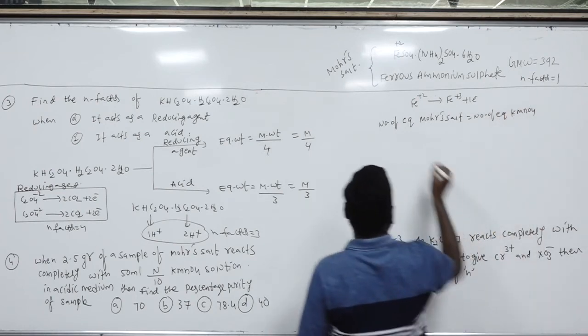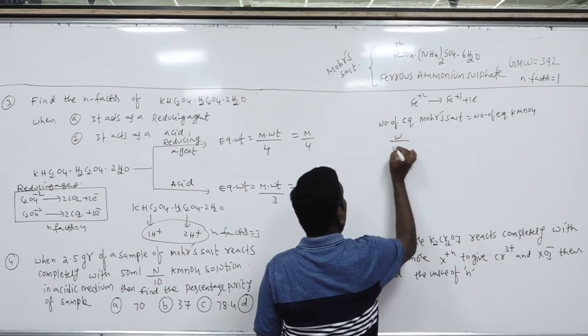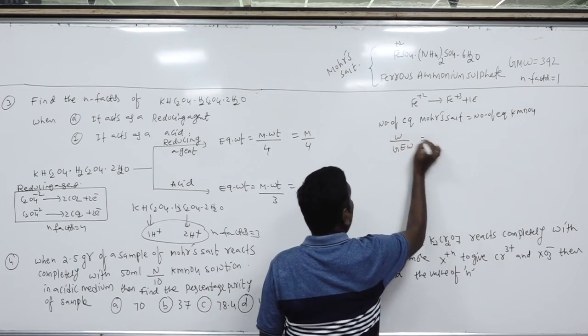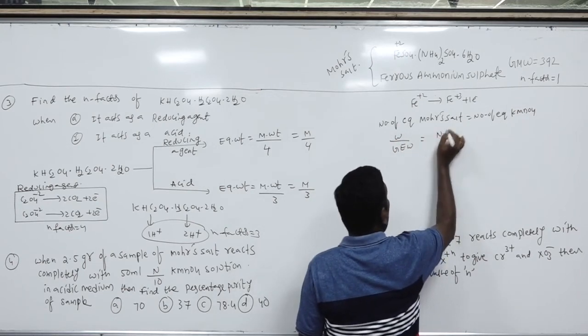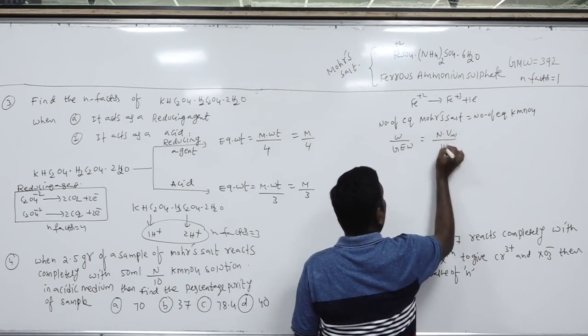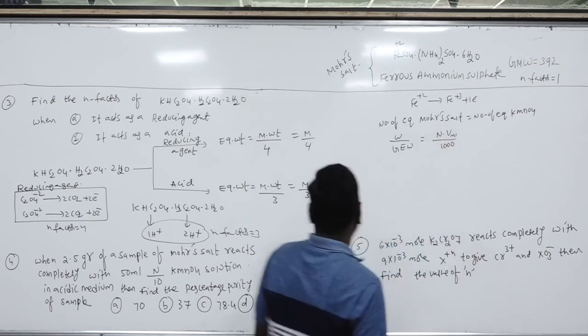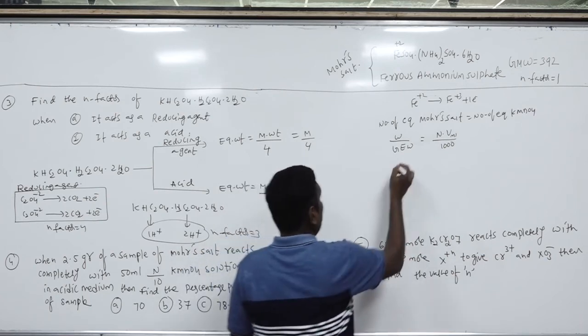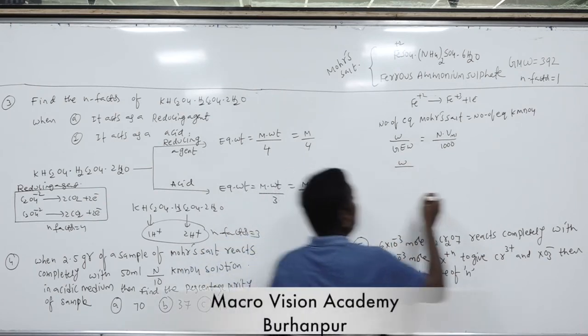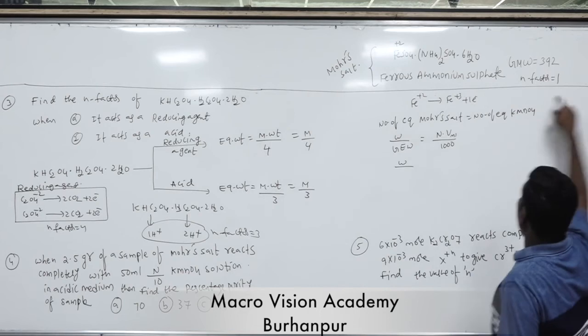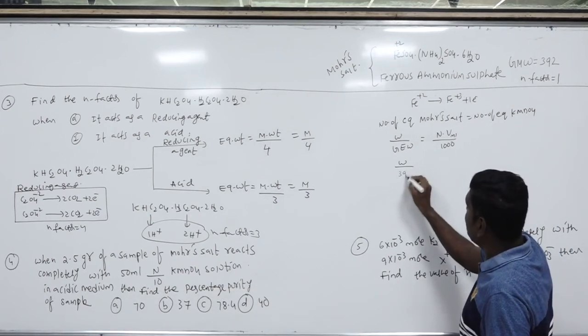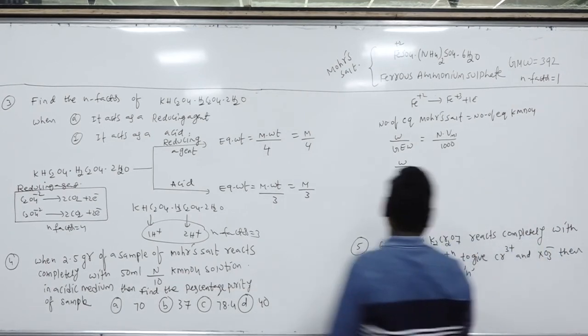How to find the number of equivalents? Weight upon gram equivalent weight. And for the solution, normality times volume in milliliters divided by 1000. What is W? That is to be found out. The gram equivalent weight is gram molecular weight by N factor. N factor is 1, so there is no need to write it, so I am writing only 392.